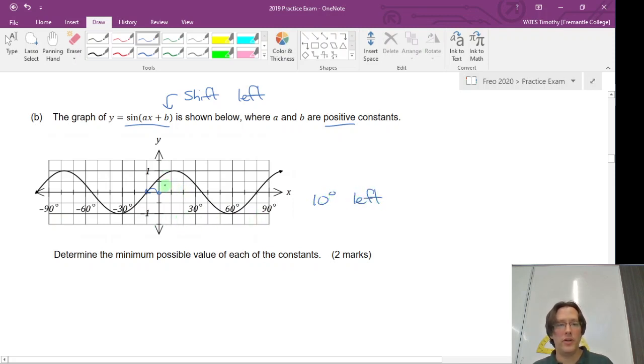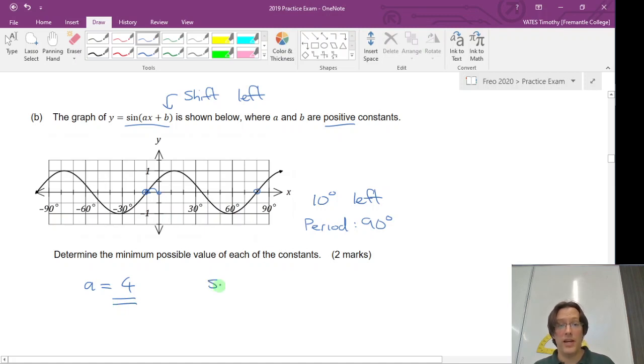But let's also work out what the period is. So it looks like the period goes from -10 to 80, or the period is 90 degrees. This is 1/4 the length of the normal period of 360 degrees. So we know that A is equal to 4.